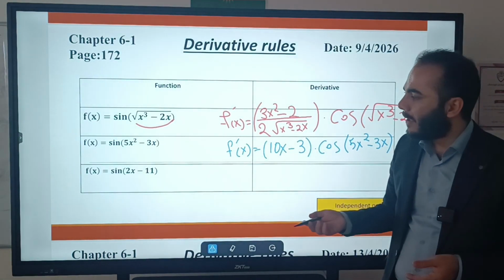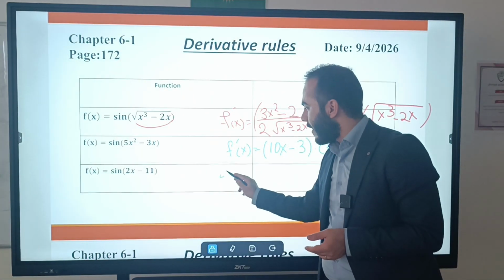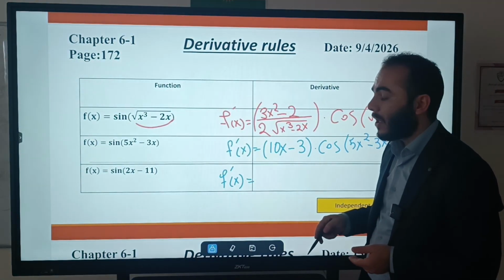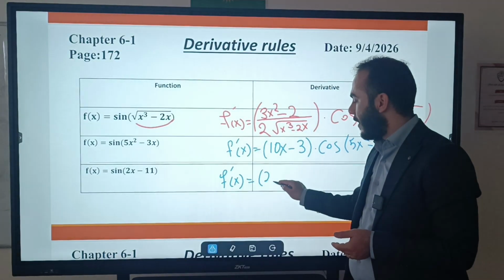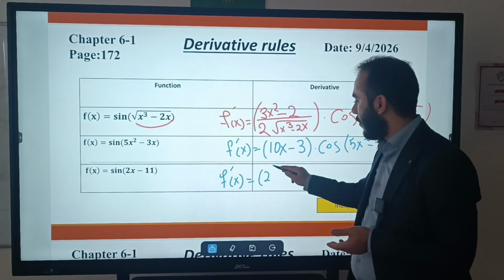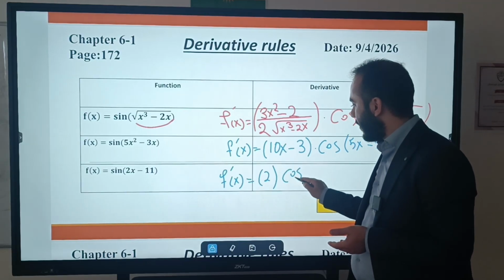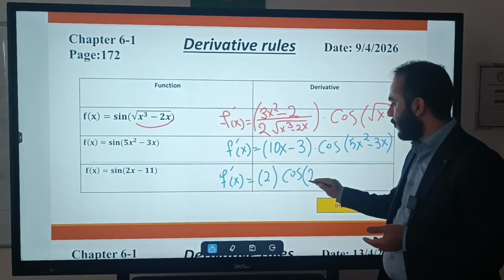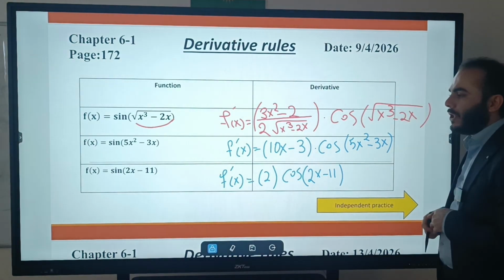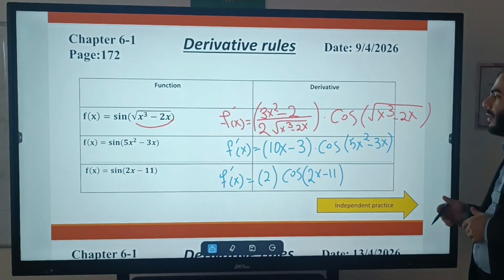The last one: again f prime of x equals the derivative of inside the bracket, so 2 minus the derivative of 11, which is a number, so the derivative is 0, times cosine of the same angle, 2x minus 11. This is how we deal with such examples.